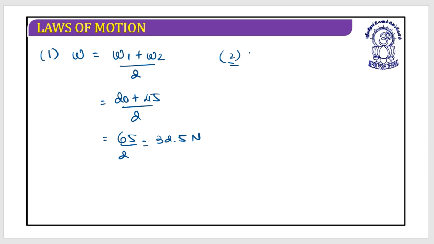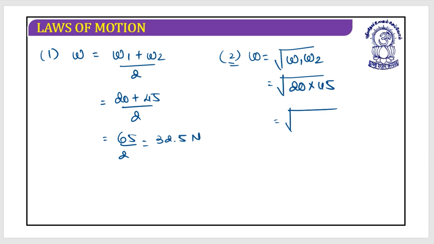In the second case, when arms are of unequal length, W = root of W1 into W2, which is root of 20 into 45. 20 into 45 is 900, and under root of 900 is 30 Newton. So these are the two cases.